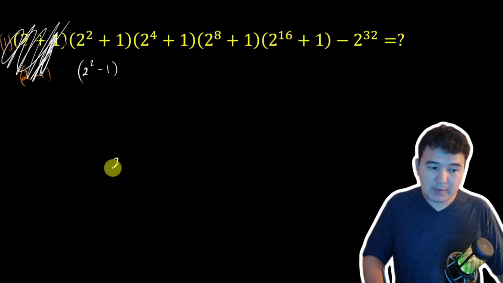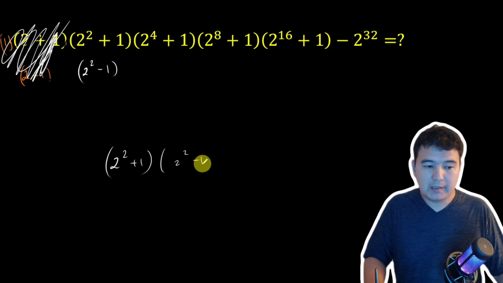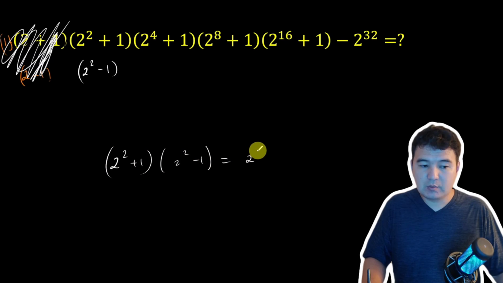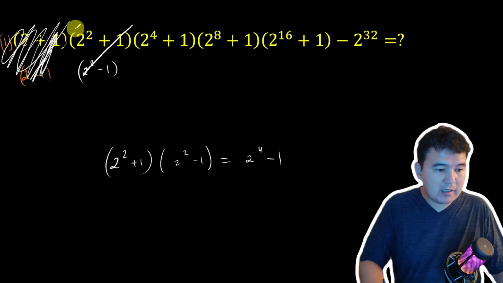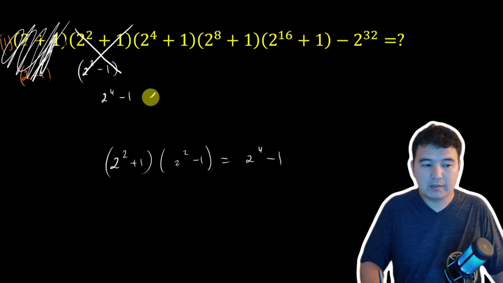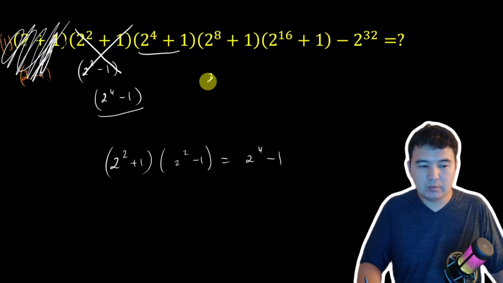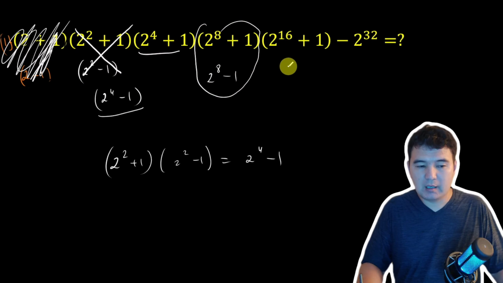But what happens if I multiply 2 square plus 1 by 2 square minus 1? That becomes 2 to the power 4 minus 1. Which means instead of these two numbers, I write 2 to the power 4 minus 1. Then when I multiply this one by this one, I will get 2 to the power 8 minus 1. Multiplying these two together, I will get 2 to the power 16 minus 1.